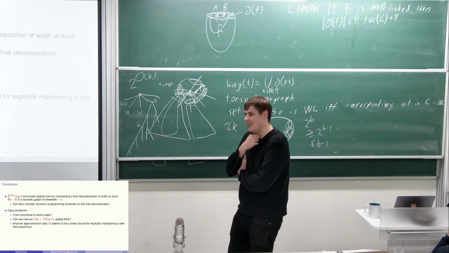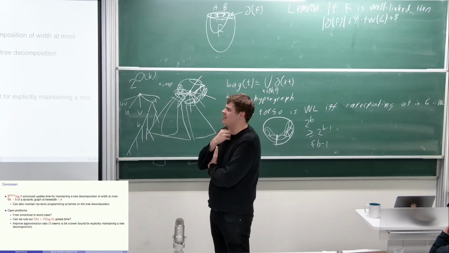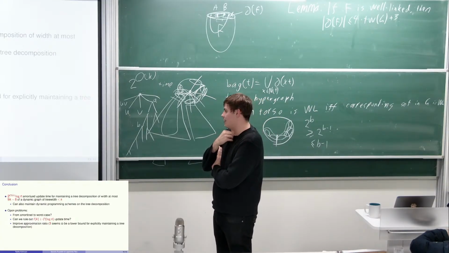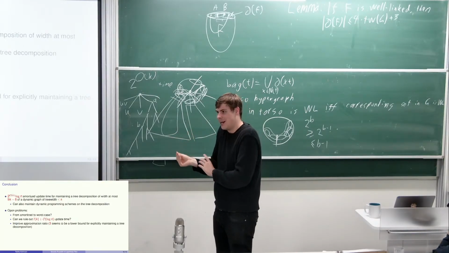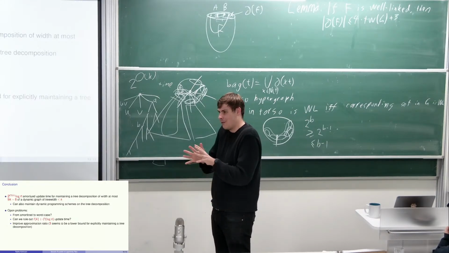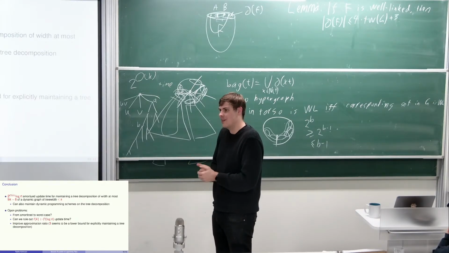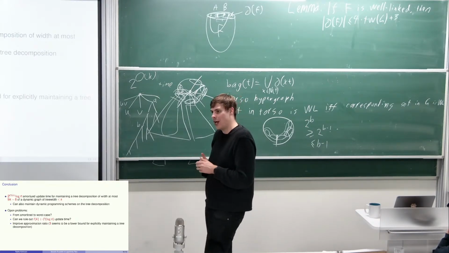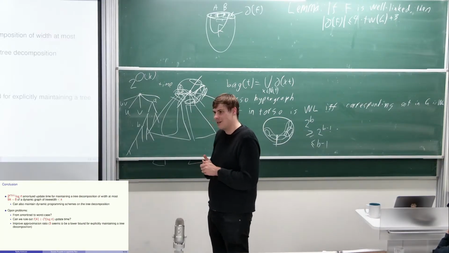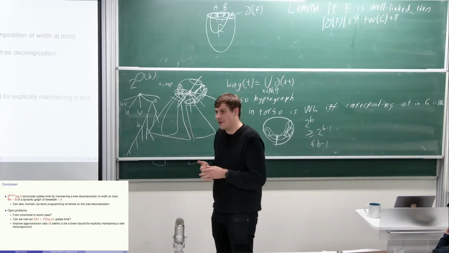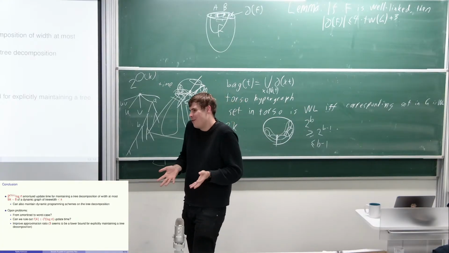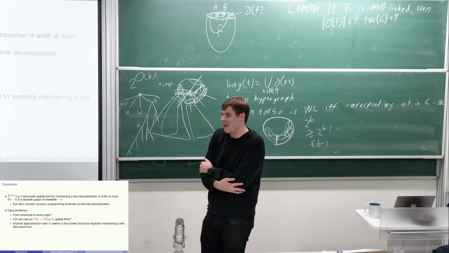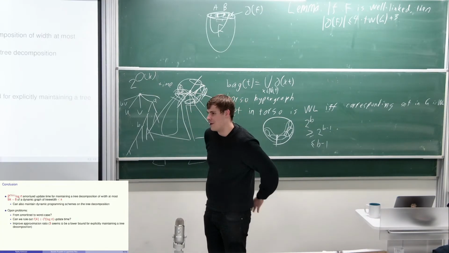But the value of path width you can maintain, because you have a dynamic programming algorithm for computing the value of path width that runs on graphs of bounded treewidth. So you can just do the dynamic treewidth algorithm and then maintain the dynamic programming. So the value you know, but maintaining the decomposition could be hard.